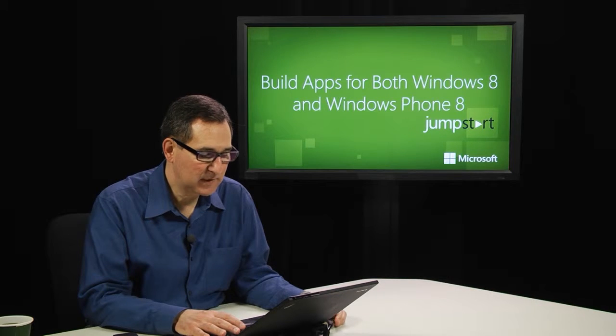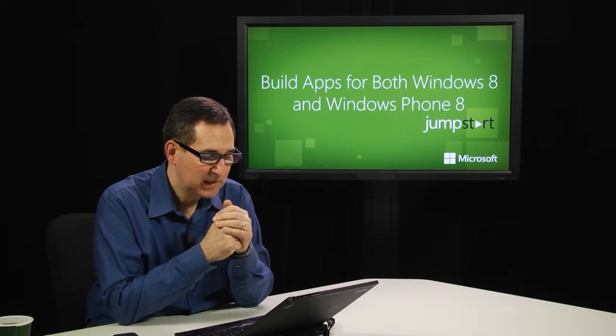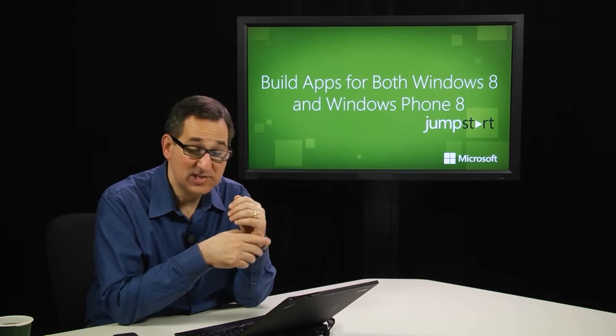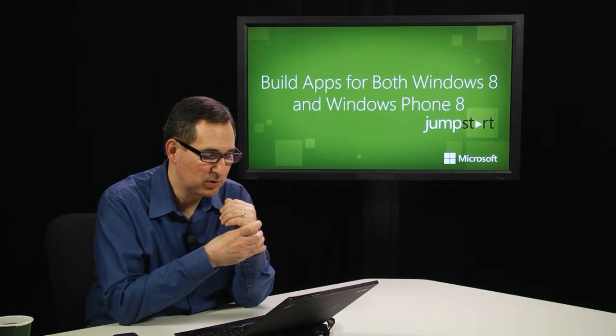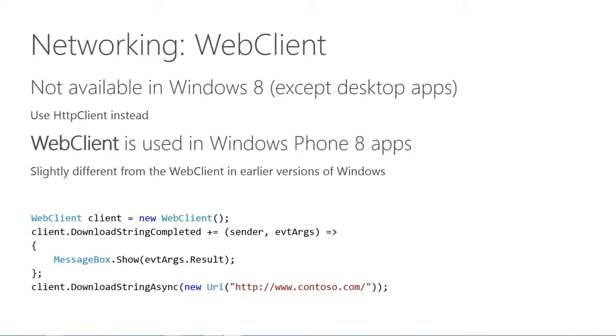On Windows Phone, there's something called WebClient. On Windows 8, this is not available, but you do have something equivalent. You would use the HttpClient, which we just talked about. The WebClient is slightly different from what you may have seen in earlier versions of Windows.